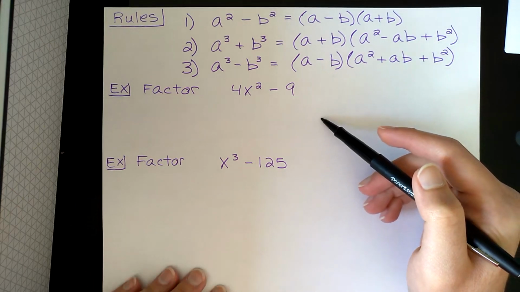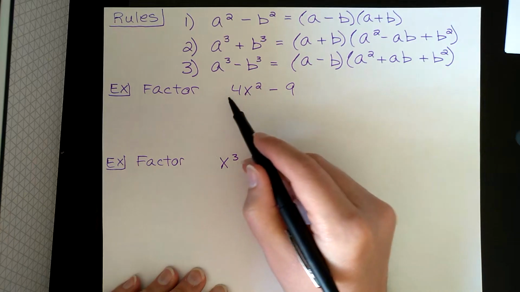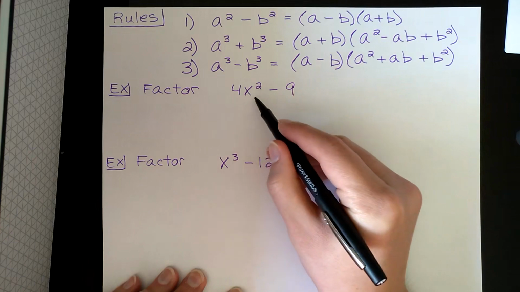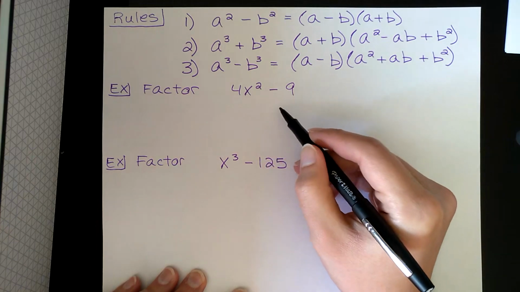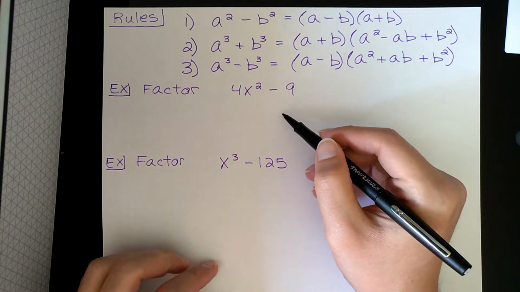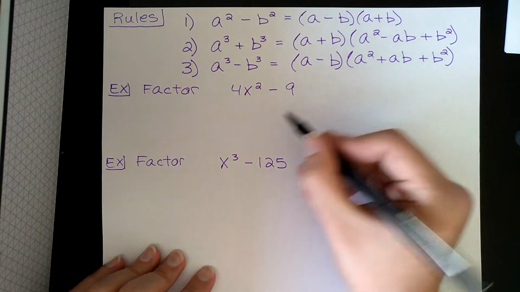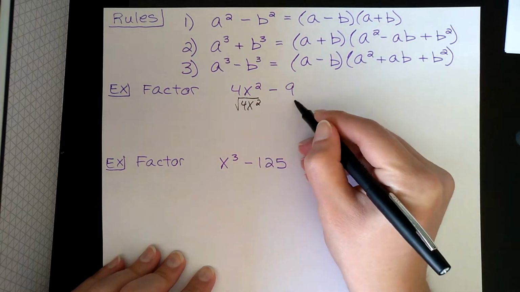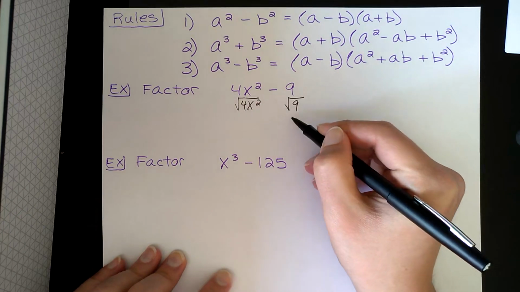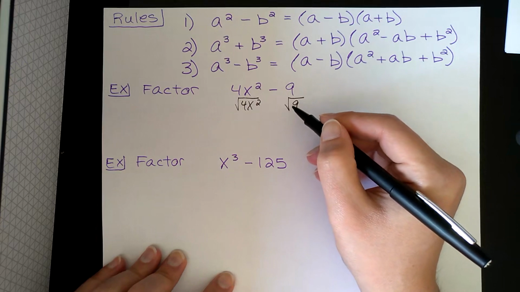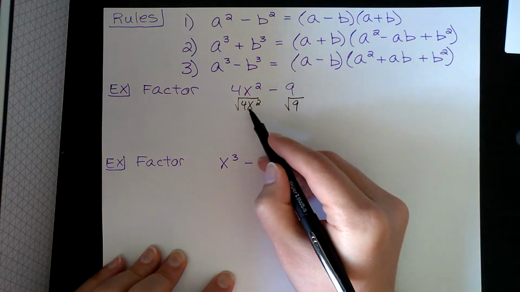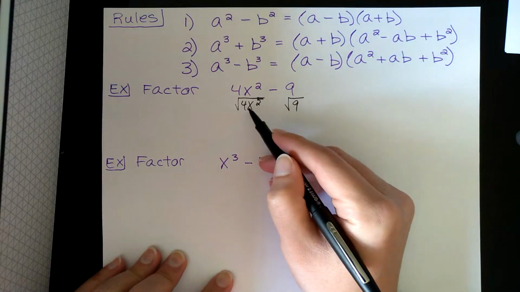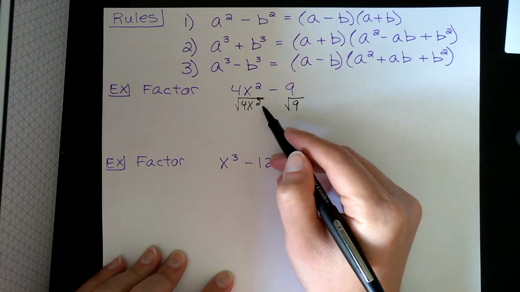All right. So with this, let's go ahead and factor these two problems. The first problem, 4x squared minus 9, we're going to check if this could be a difference of squares by just quickly taking the square root of each term and seeing if we find that these are perfect squares. If they are, then we can apply the formula. The square root of 4x squared, meaning what value multiplies to itself to give us 4x squared?